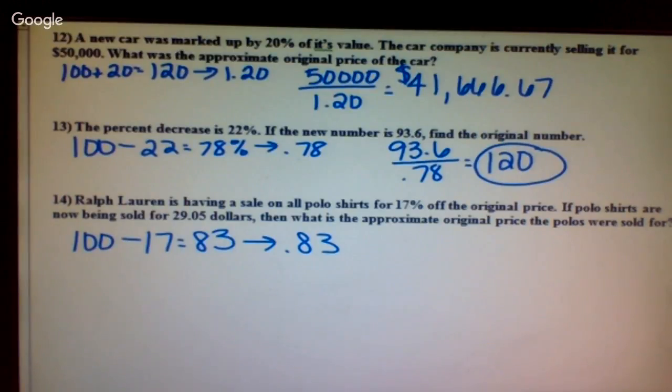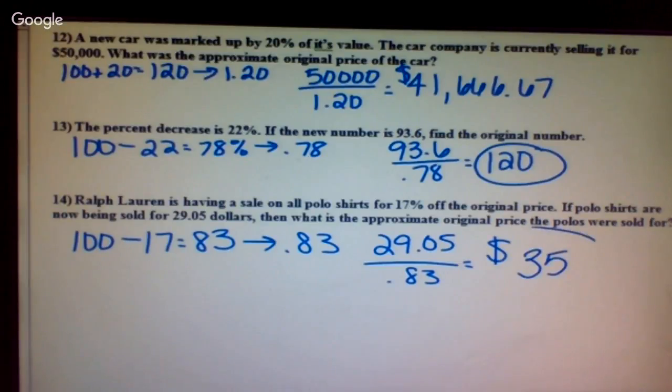What is the original price that they were sold for? So we divide. How much were the polo shirts to begin with before we gave you money off? $35.